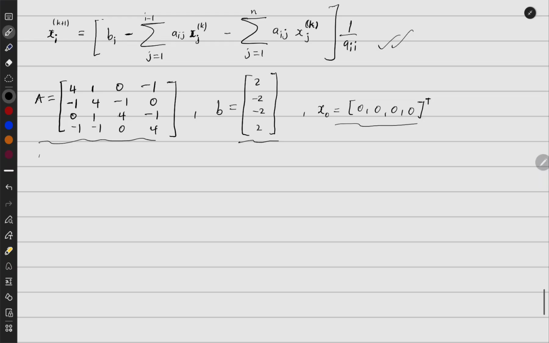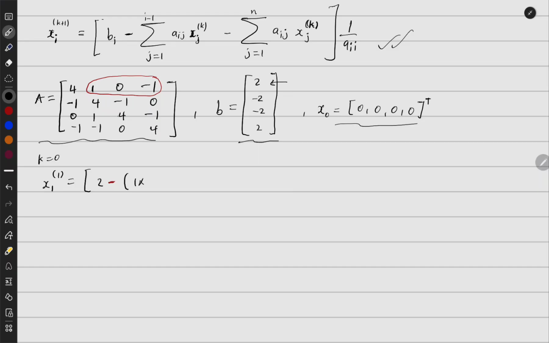So we start with k equals 0. x1 is given by b1, which is 2, minus, now I will use these entries times their initial values.